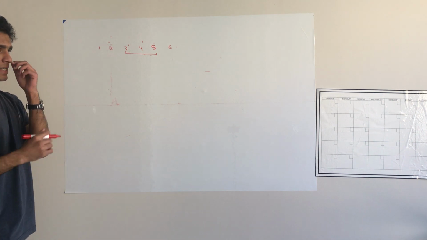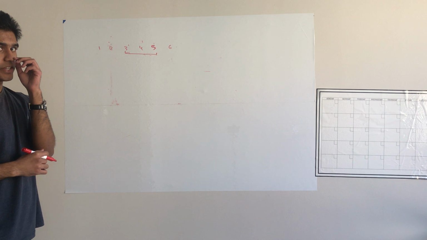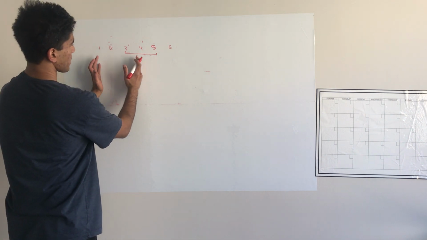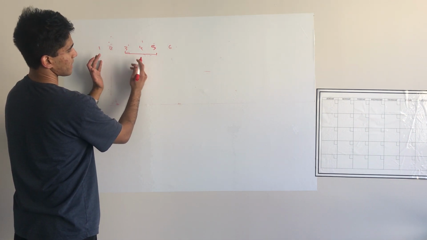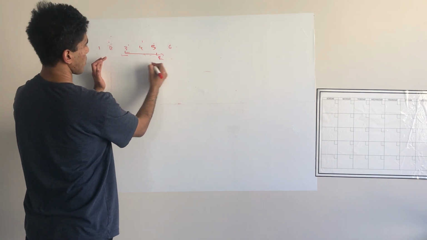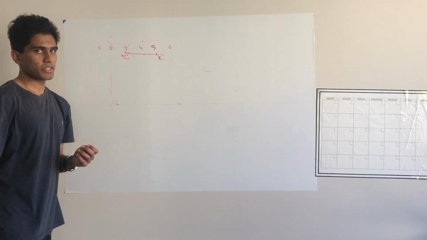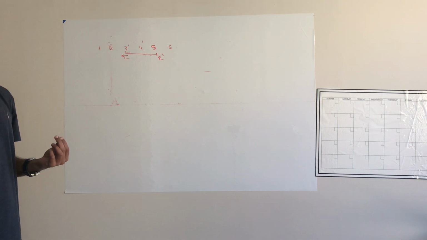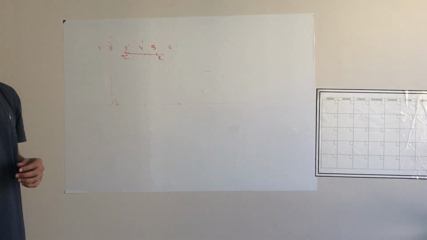So the basic idea is that we maintain a window into the array, and we keep expanding either the left side or the right side, based on certain conditions. And this condition actually varies a lot based on the problem that you're solving.